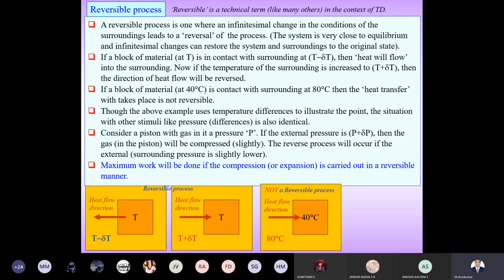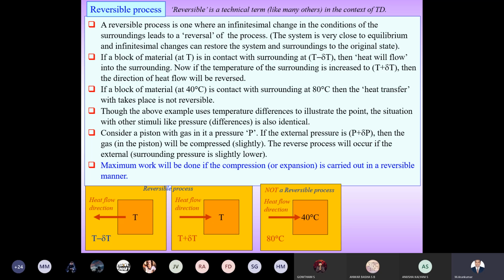The system will gain heat energy, right? So this is a reversible process.